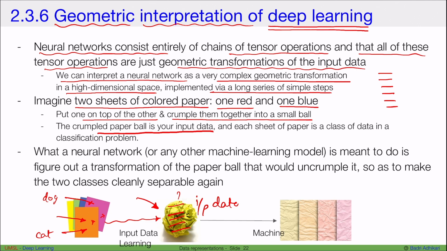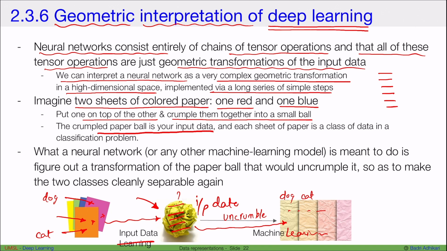What machine learning basically does is take this data and uncrumple it so that the two classes are separable again, so that we can say this is dog and this is cat and so on.